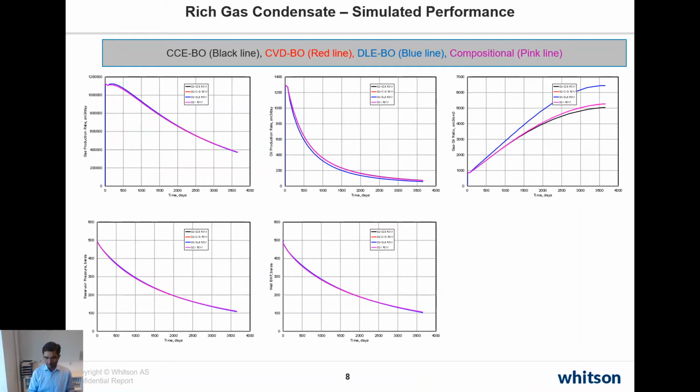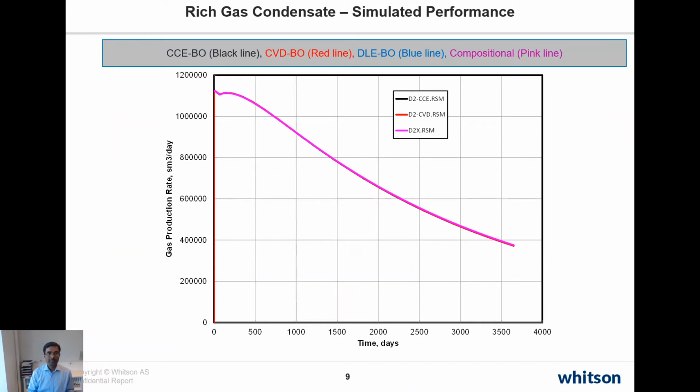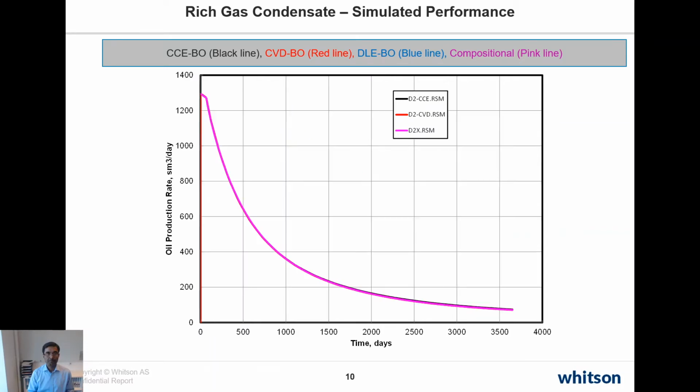Now I will go through the individual plots. The gas production rate is quite similar for CCE, CVD, and compositional. Oil production rate is also quite similar for CCE, CVD, and compositional.